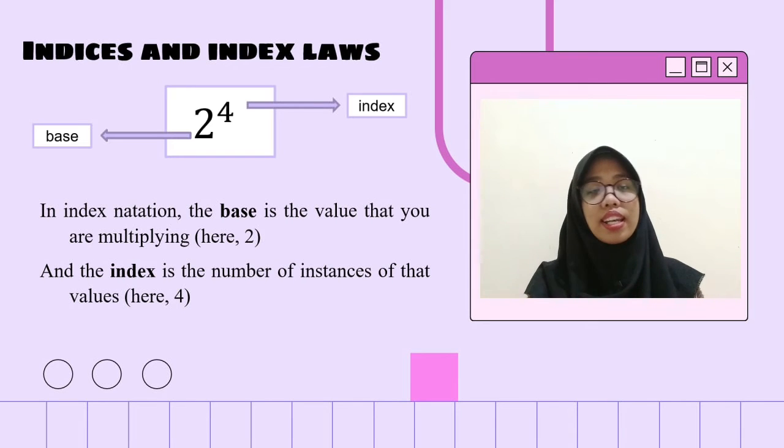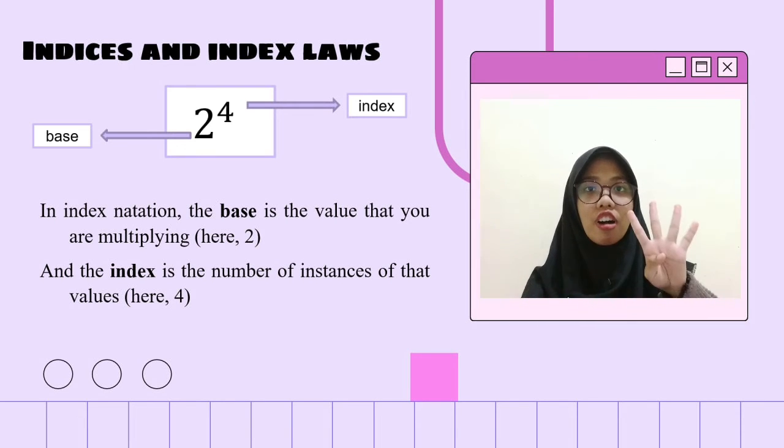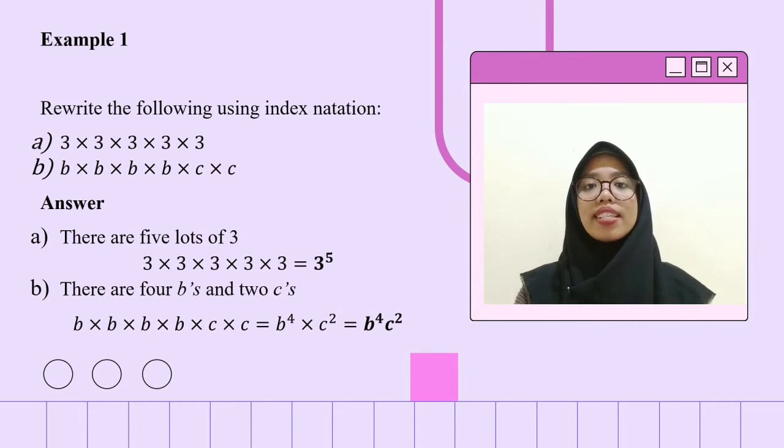So, in index notation, the base is the value that you are multiplying, and the index is the number of instances of that value. So, in this example, 2 to the power of 4, the base is 2 and the index is 4.